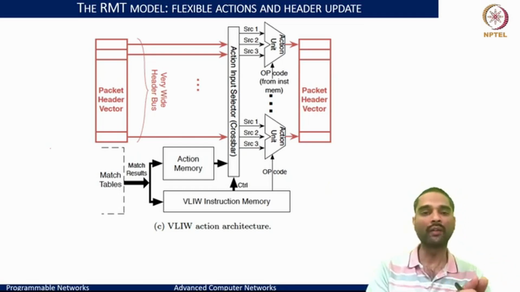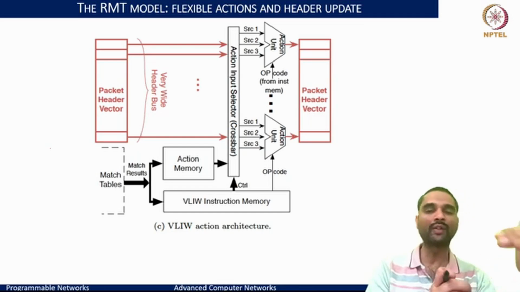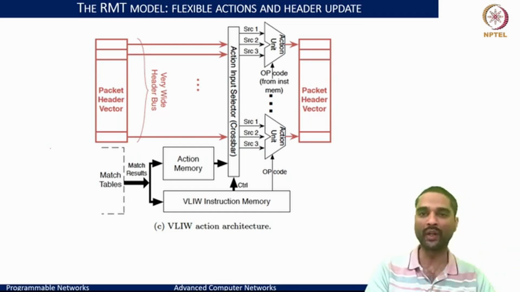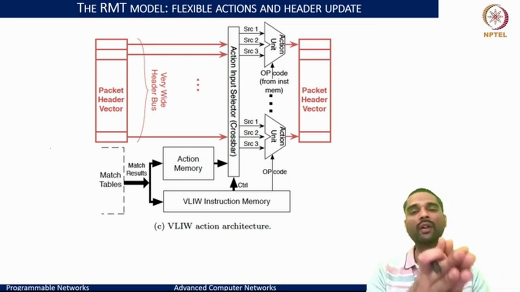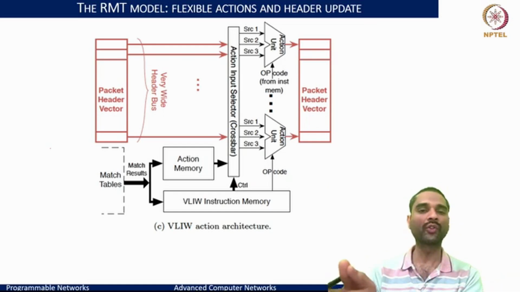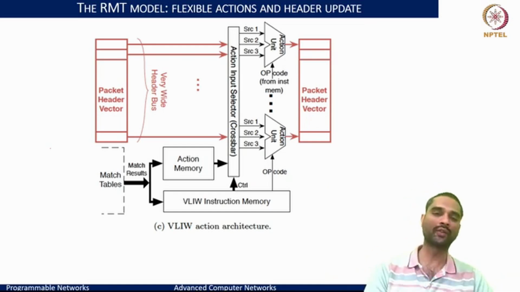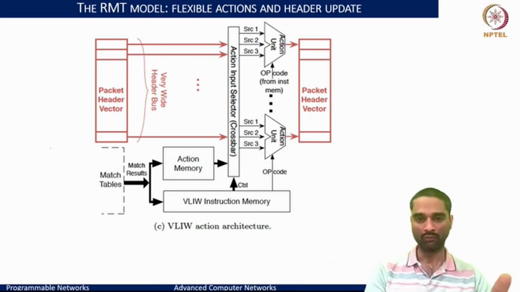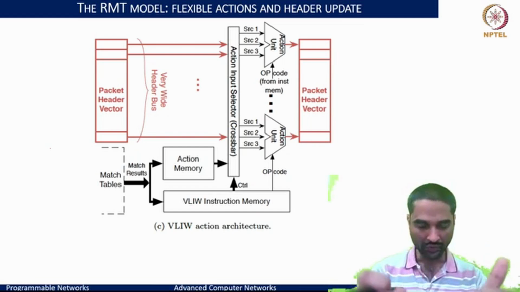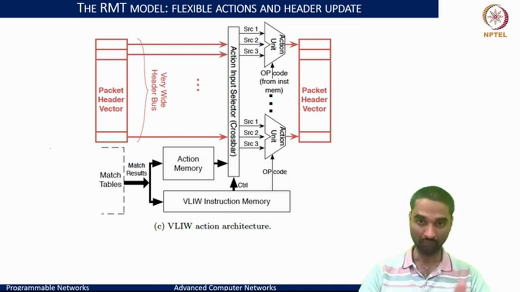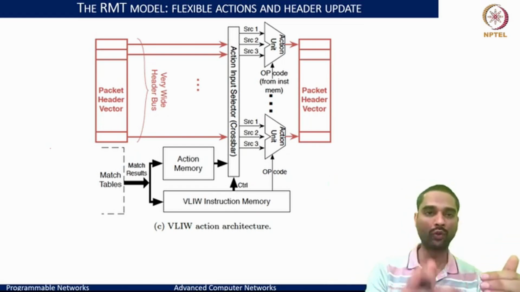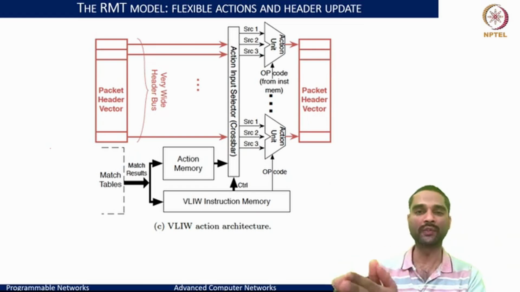And this packet header vector would also be padded with the state information or metadata that you would want to tag, so that you can keep the association between the header and the payload, and which stage what processing is being done can also be carried as metadata. And this packet header vector uses the bits, and each of the bits that you want to match on may result in a specific set of actions.